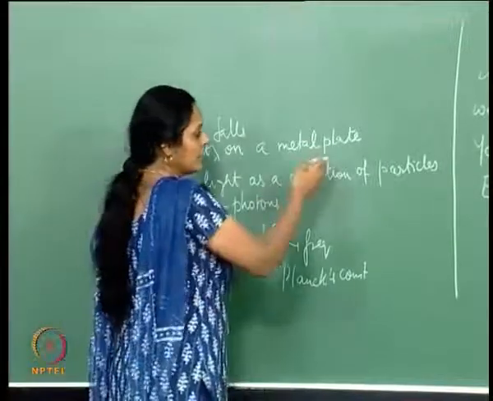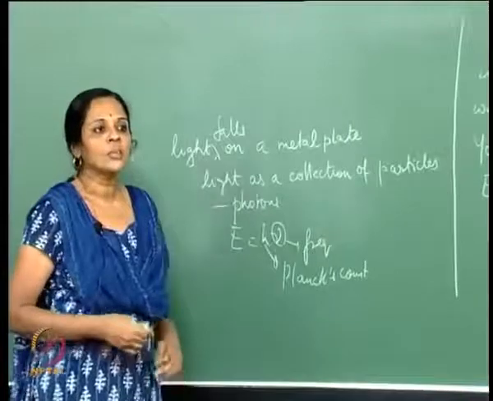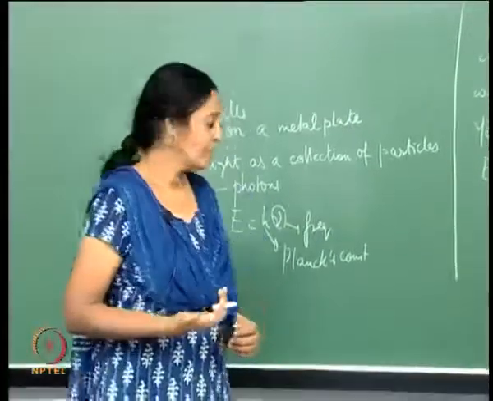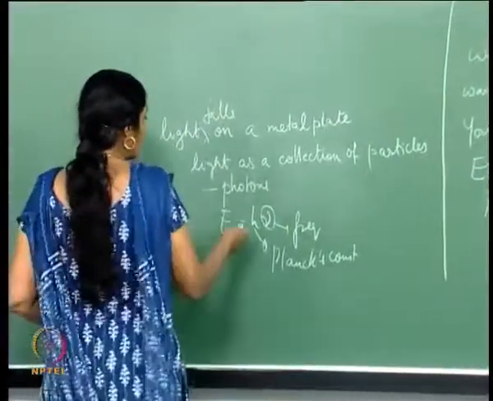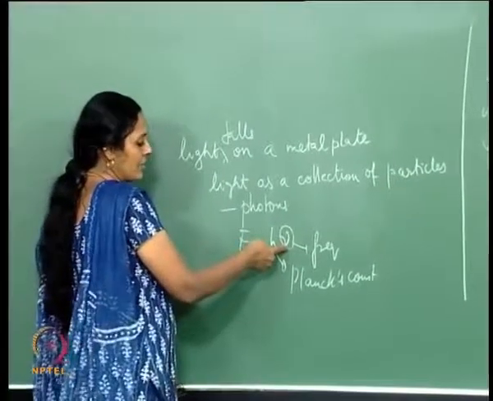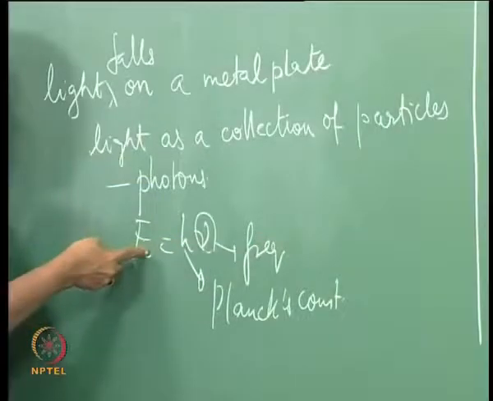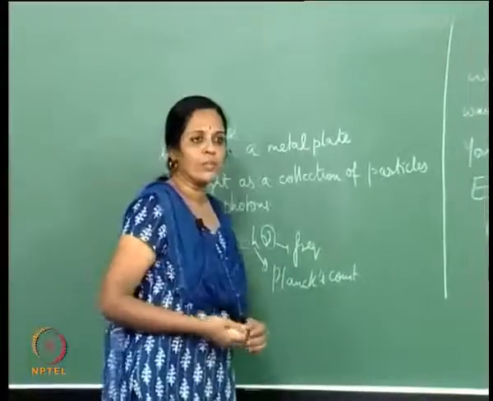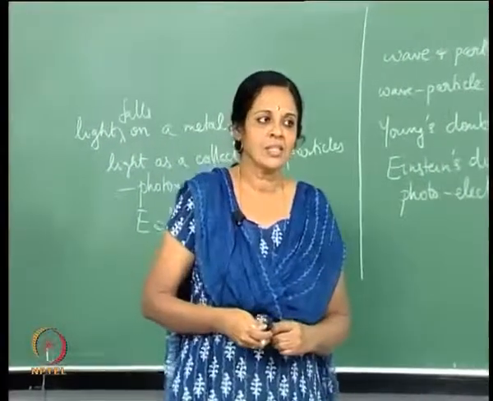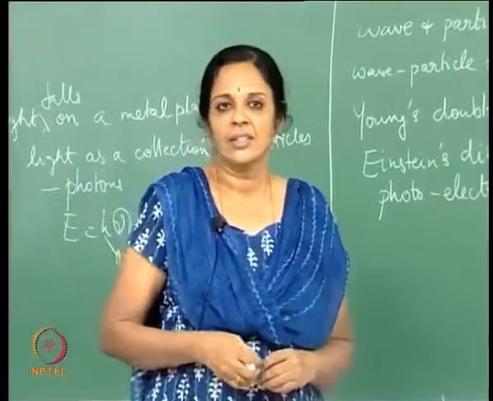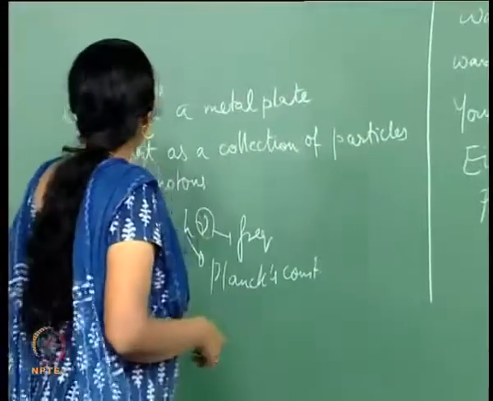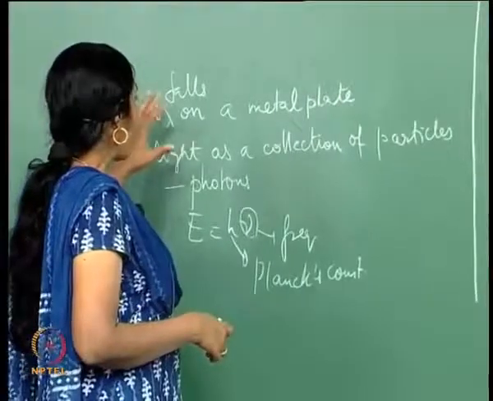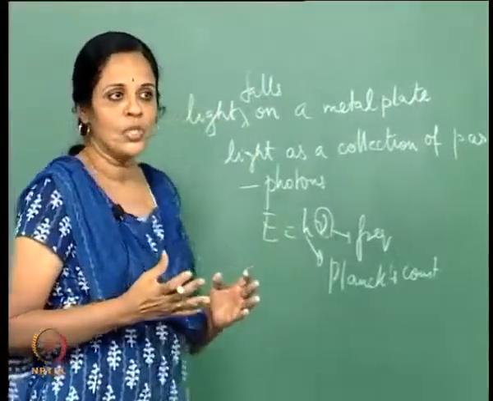And therefore, the energy of the emitted electrons does not depend upon the intensity of the light. On the other hand, it would depend upon the frequency of the light. The higher the frequency, the more the energy.